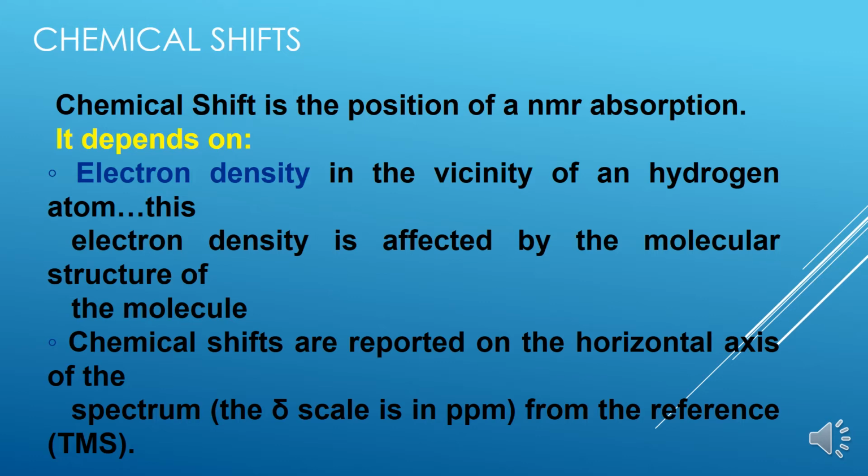This parameter helps us distinguish de-shielded protons and shielded protons. This electron density is affected by the molecular structure of the molecule. Another thing is that chemical shifts are reported on the horizontal axis, the x-axis of the spectrum, the delta scale, in parts per million from the reference. The reference is tetramethylsilane.